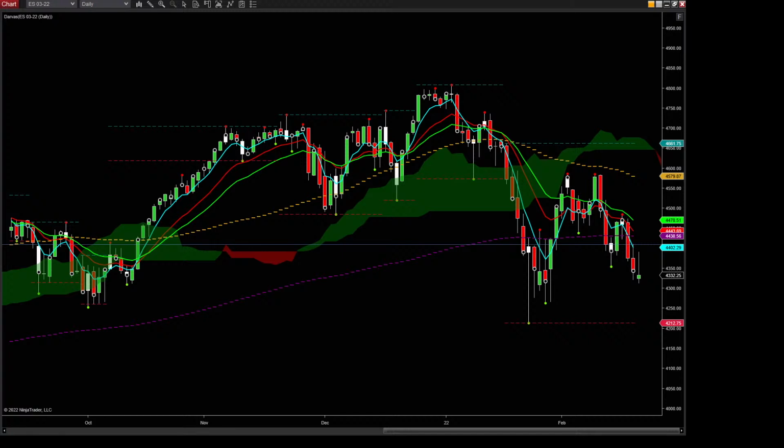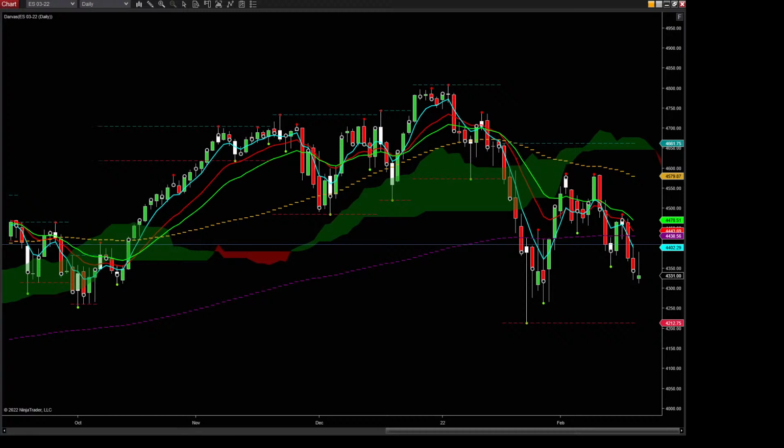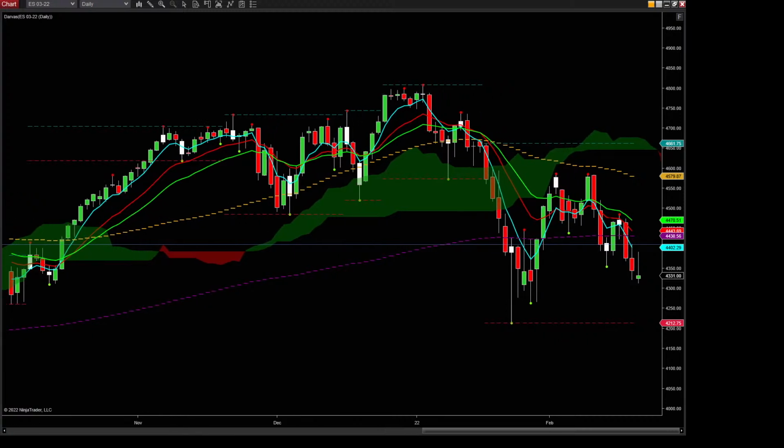There's going to be some support in this area here. See these wicks here. So that means that there's a kind of a strong support in there. We'll see if the market holds it, or it's going to go down. But it's been moving to the downside.